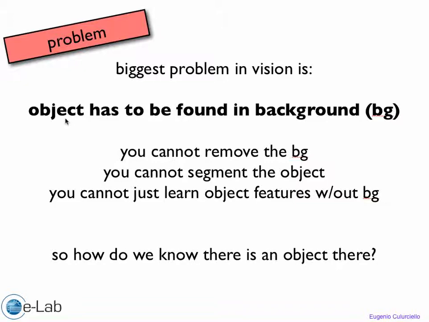So the object has to be found in the background. The problem is you cannot remove the background, and it's very hard to segment the objects. And you cannot just learn the object features without the background, because then your network might not work very well. So it's very hard to figure out whether there's an object there or not.